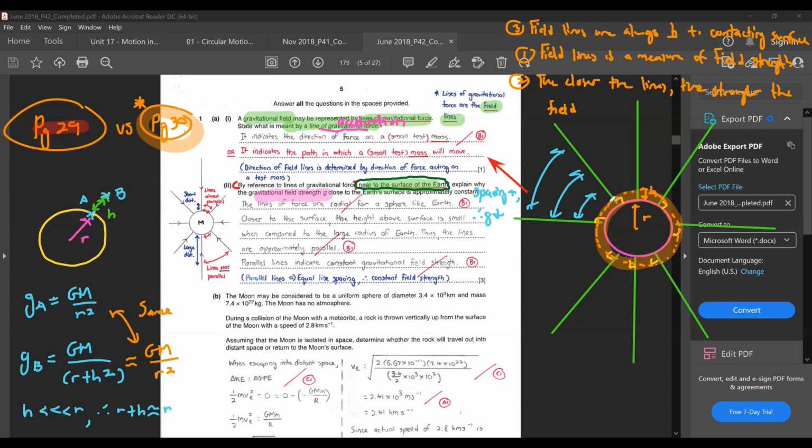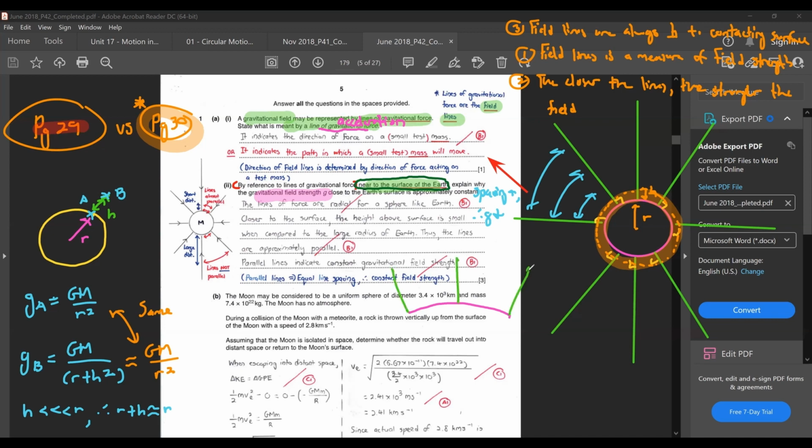Now, if you're trying to zoom in on this particular section, the thing that you will notice is that when you zoom in at such a small distance, compared to how the entire field actually looks, which is like this, your field lines, let's say that this is the surface of the Earth, zoom out, zoom in, probably look like this.